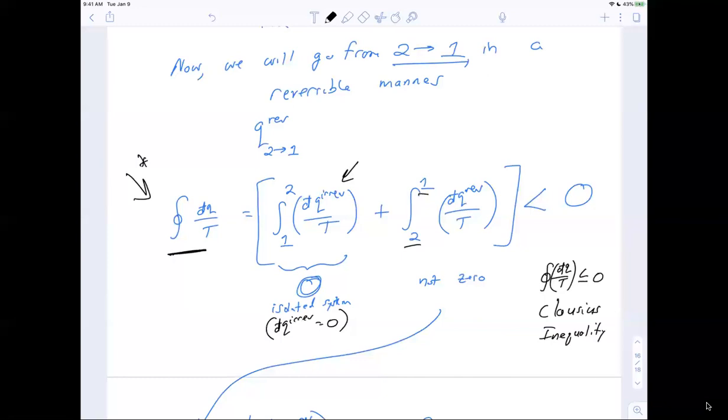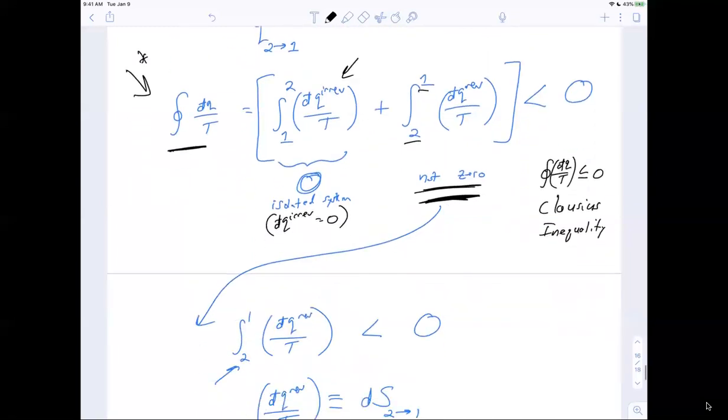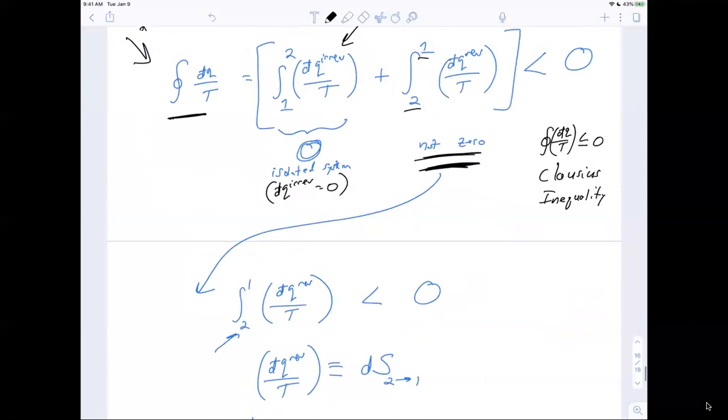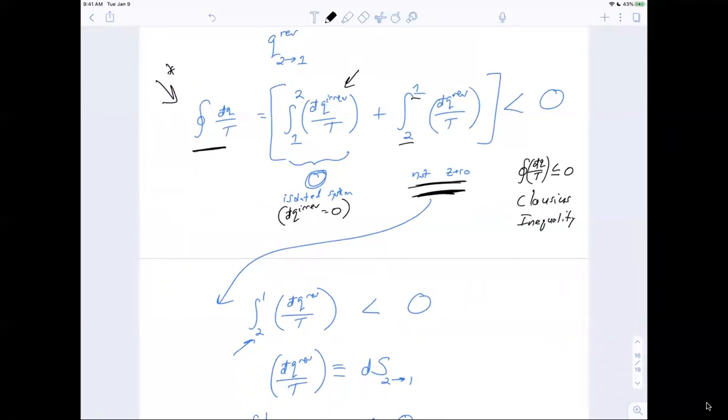The equality holds for a reversible process and the inequality holds for an irreversible process. So that's great. This term is not 0, but the first term is 0. And that term that's not 0 is less than 0. It's negative.